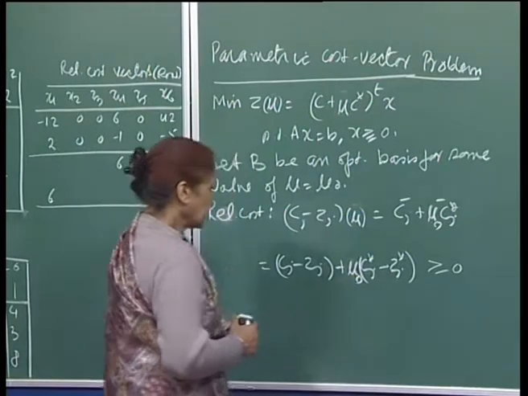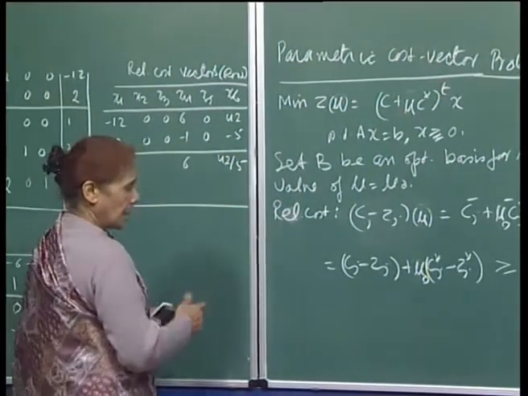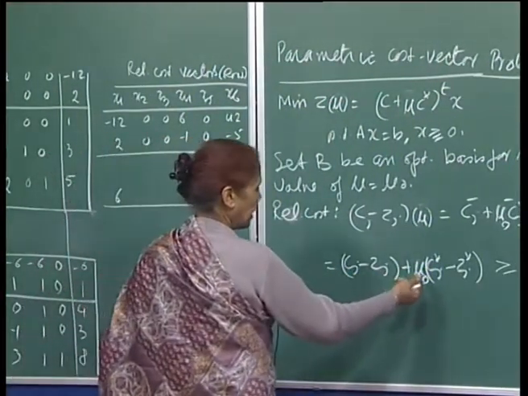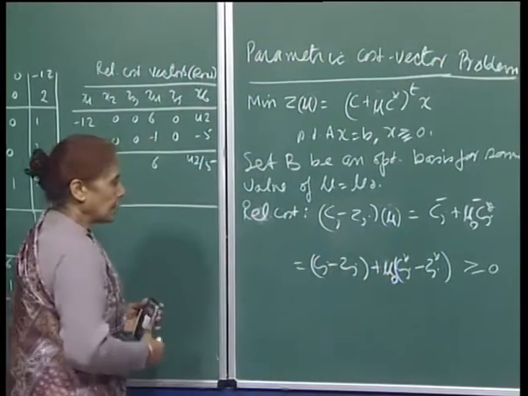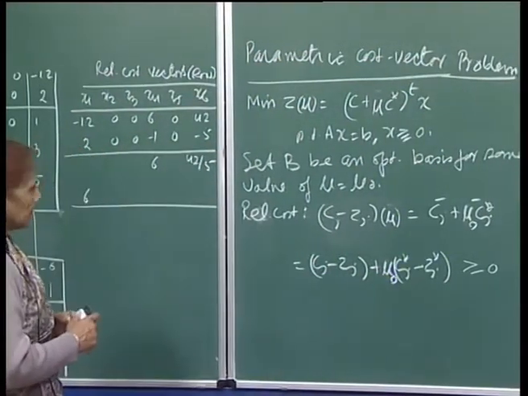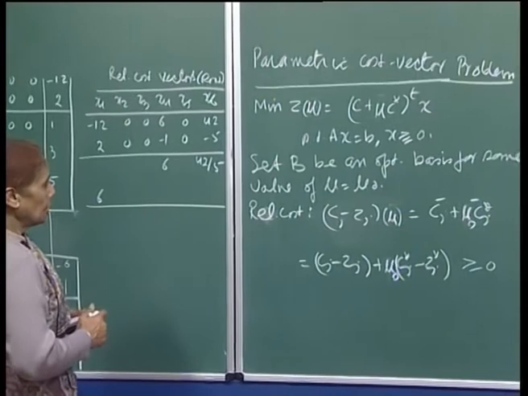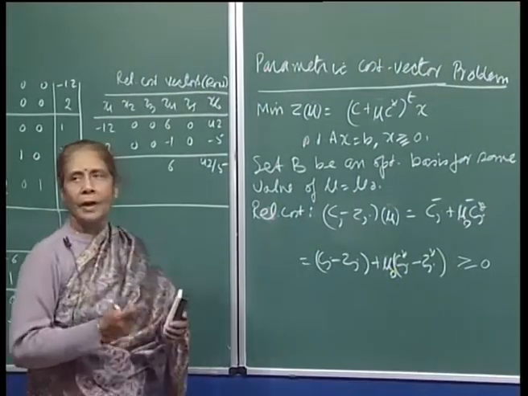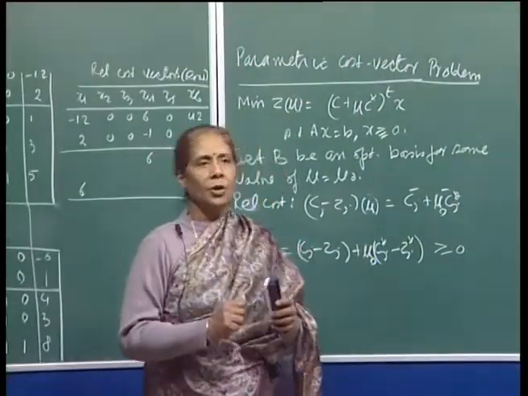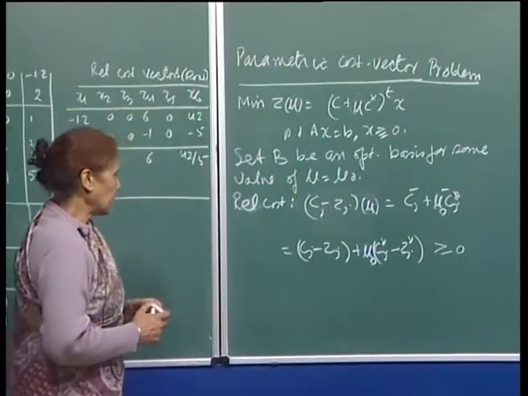Now let us define, the same way, an upper value and a lower value for mu naught. Since the same basis is feasible, let us ask for what values of mu other than mu naught the optimality criterion will be satisfied.